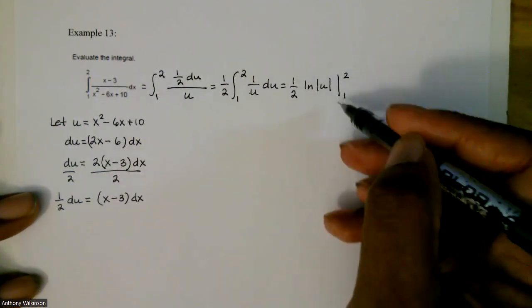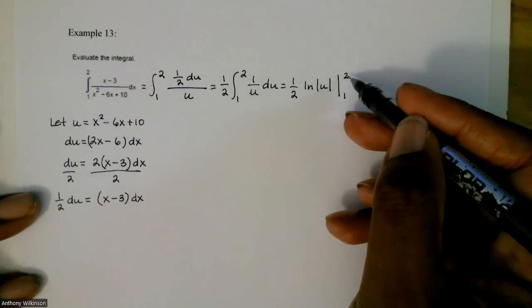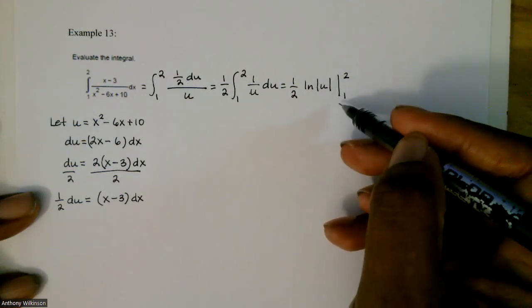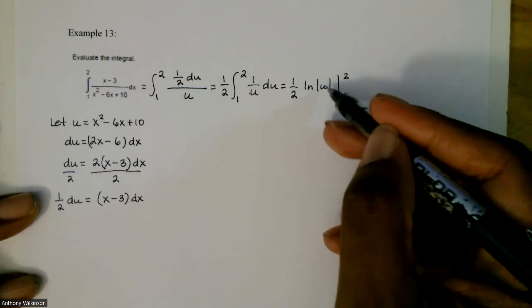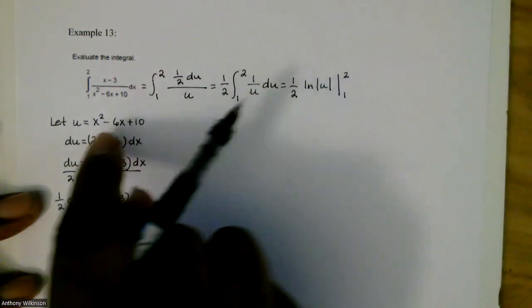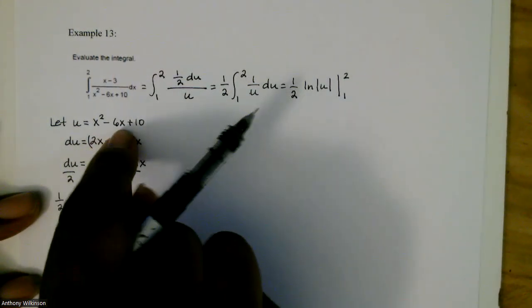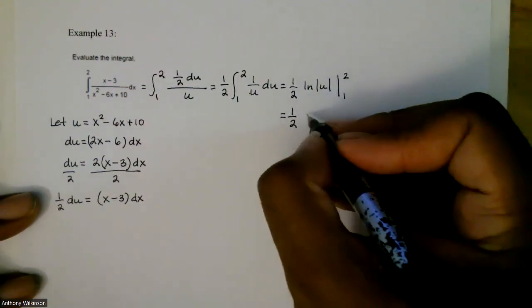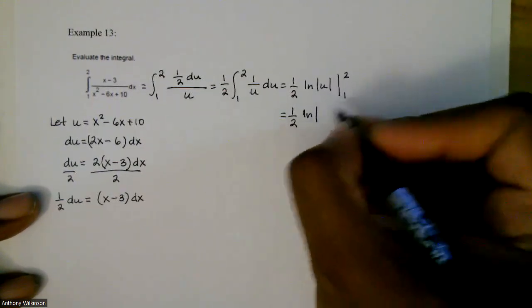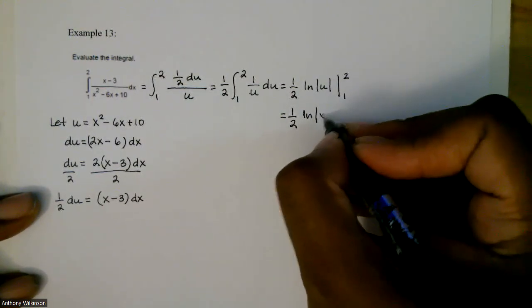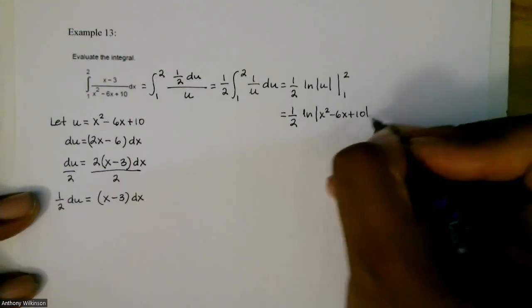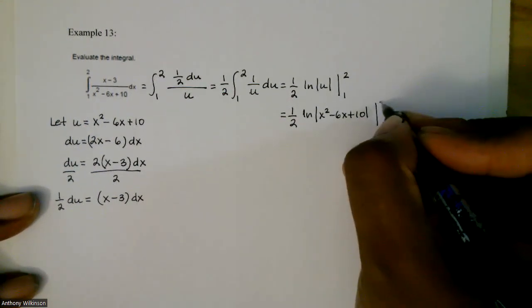Now, those are my x limits, so I'm not going to directly replace the u with the 2 and the 1. I need to back substitute here, replace that u with what is equal to, x squared minus 6x plus 10. So I'm going to have 1/2 times the natural log of the absolute value of x squared minus 6x plus 10. And this will be from 1 to 2.